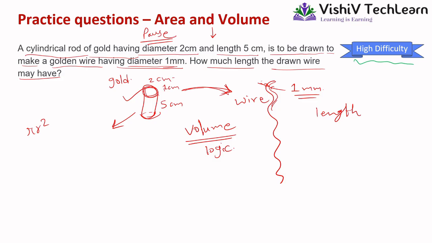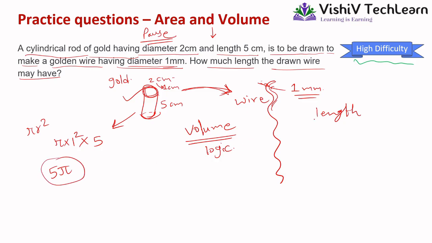So we can calculate it as pi into 1 square, which is the same. So this is the area of the circle, and multiplied by length, which is 5, will give the volume. So 5 pi will be the volume of the cylinder.